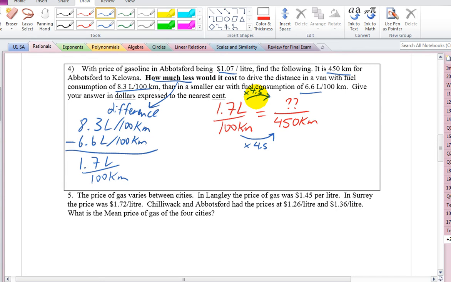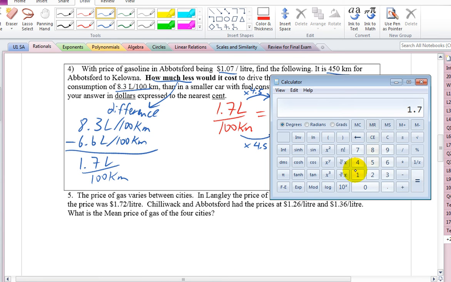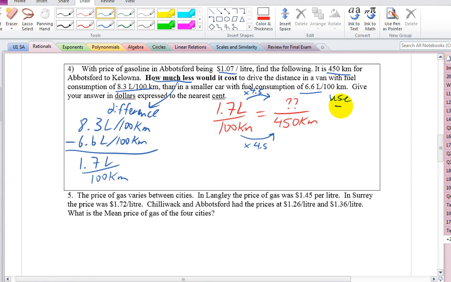Okay. So this means that we would use 1.7 times 4.5, 7.65 liters. Okay. Now the cost is $1.07 a liter. So we go $1.07 times 7.65 liters.